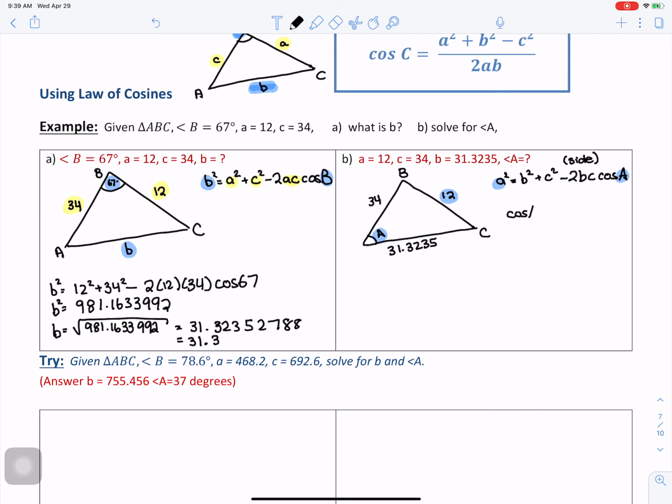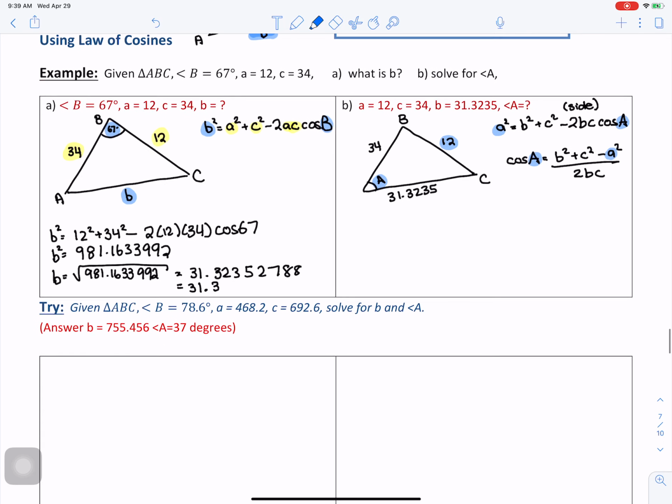So cos of capital A is B squared plus C squared minus A squared over 2BC. So again, in here, this has to be my pairing. So the capital A and the lowercase a have to sit in the right position. So cosine capital A equals my other two sides. That will be normally highlighted in yellow. And I'm going to highlight that in yellow in a moment.